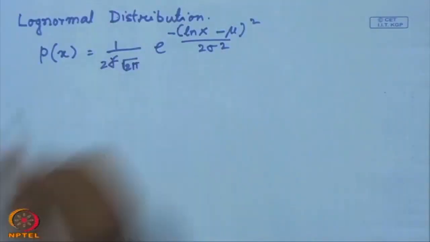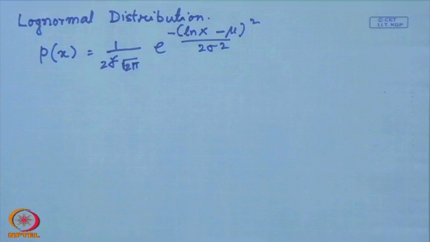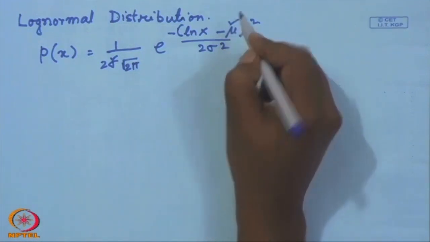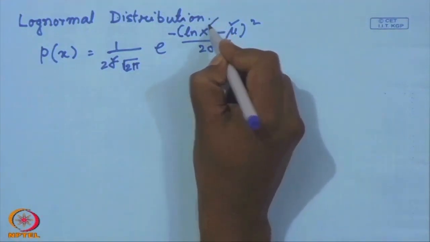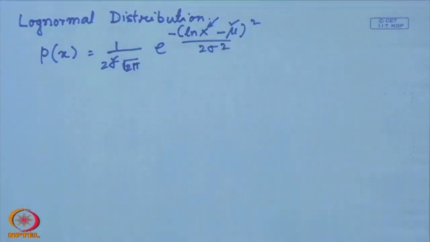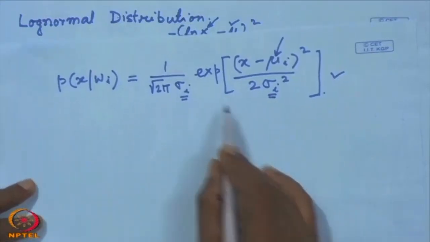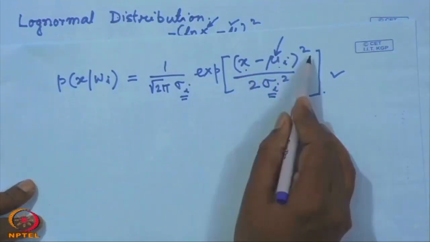And here again, in case of log normal distribution, we have two different parameters. One of the parameters is sigma as before, which is the standard deviation, and the other parameter is mu as before, the mean of the sample values. Okay. So, a notable difference between our Gaussian or normal distribution and log normal distribution is that in case of normal distribution, the exponentiation contains x minus mu squared.